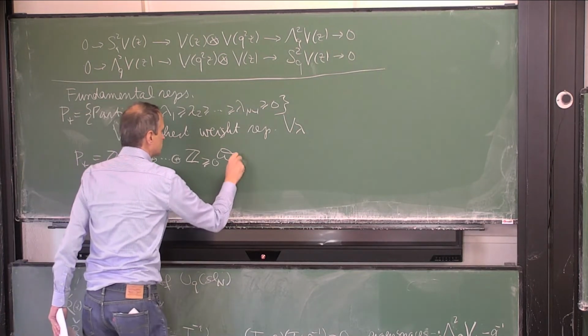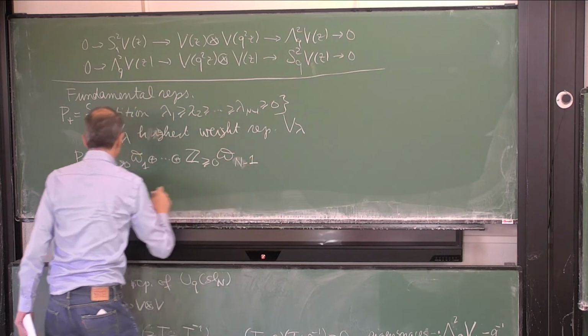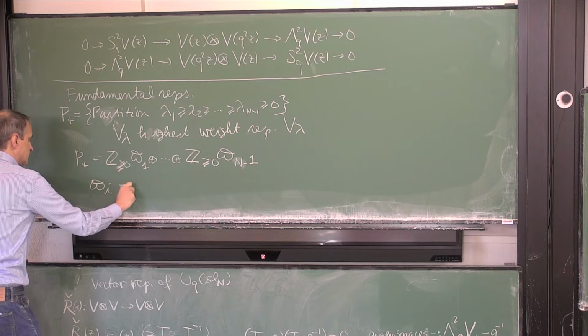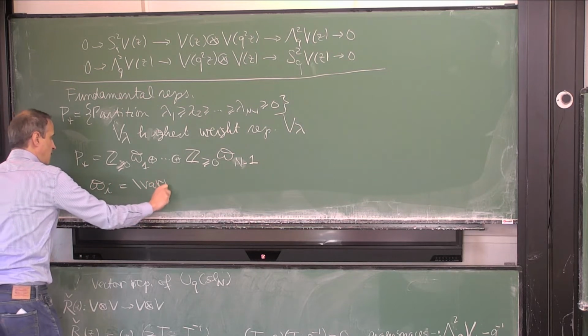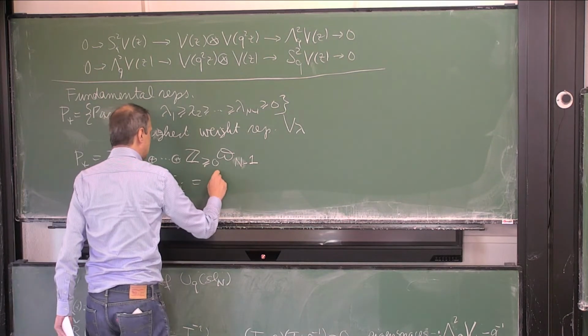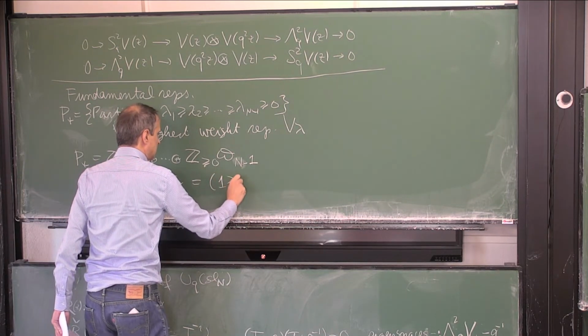This is n minus 1. They are called pi. The fundamental weights and the other partition, one larger than one.